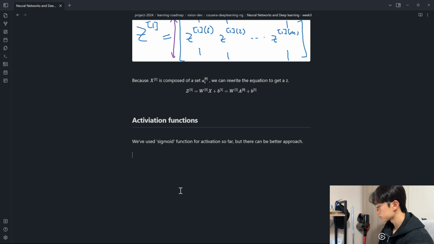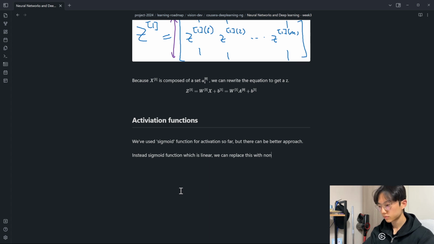So in the more general case, we can have a different function g of z, which I'm going to write here, where g could be a function that may not be the sigmoid function.